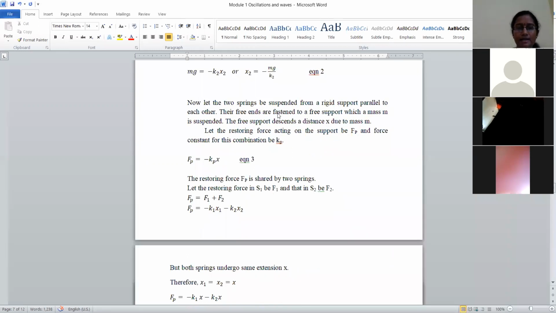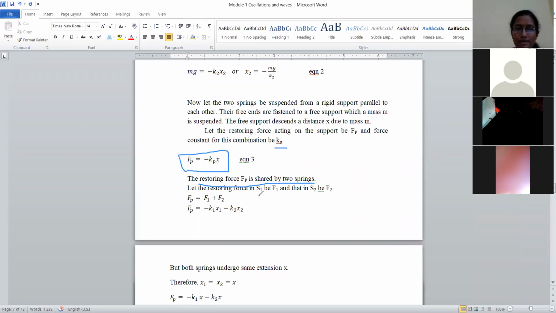So now let the restoring force on the support be Fp and the force constant be Kp, and we can write the equation Fp is equal to minus Kp into x. This is the same as F equals minus Kx. Okay. And what is the restoring force Fp by these two springs?